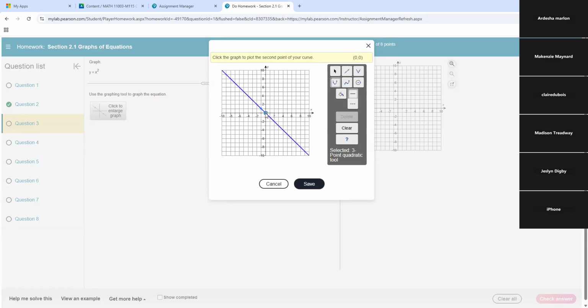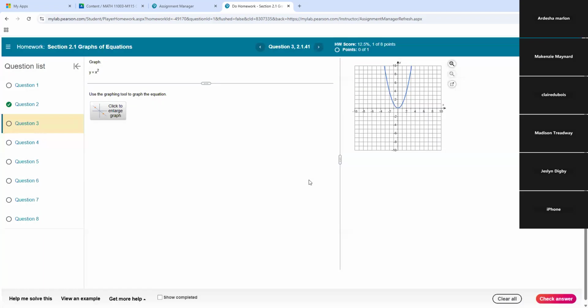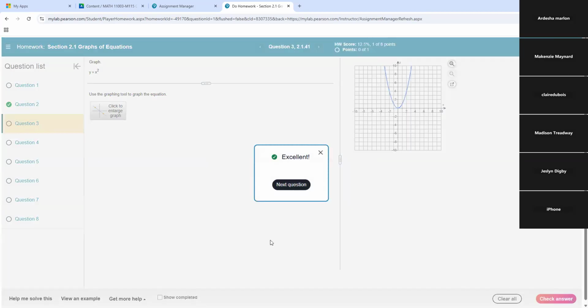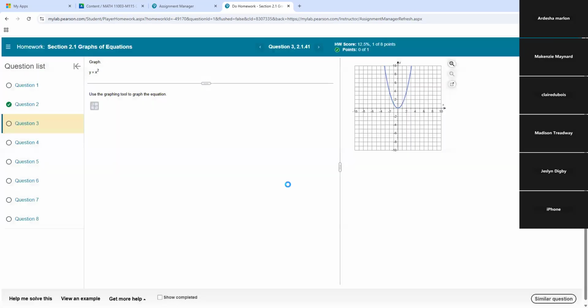So that would stay right in the center and click enter. And then I had 1, 1. So right 1, up 1. And y'all, there you go. You get a U-shaped parabola on that thing, okay? Then like I said, once you're done, you can check the answer over here and go to the next question.